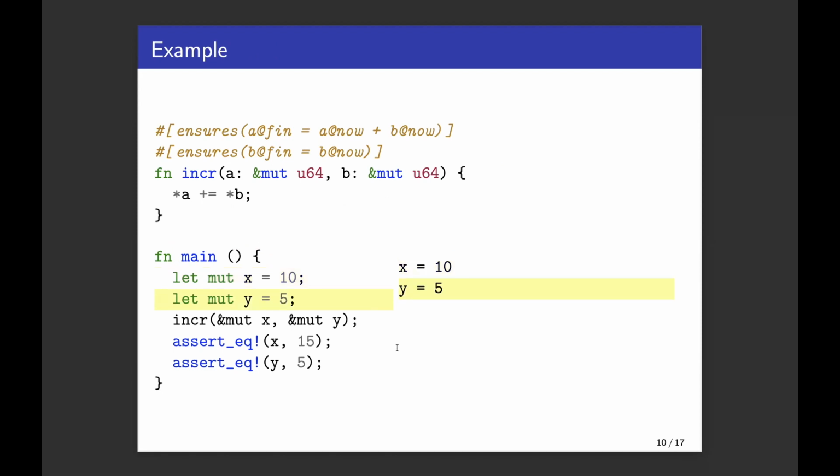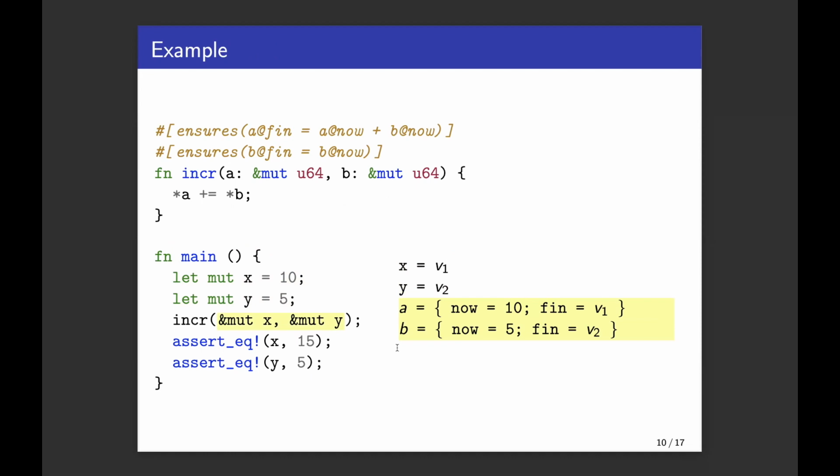As we execute our code, we have on the right-hand side logical hypotheses that we use in verification. We perform our two borrows before our function call for x and y. As I said, the moment we create a borrow, we immediately reassign the final value of our borrow to the variable that we just borrowed from. So here we created our two borrows, A and B, and we gave x and y the values v1 and v2, which are the final values of A and B respectively.